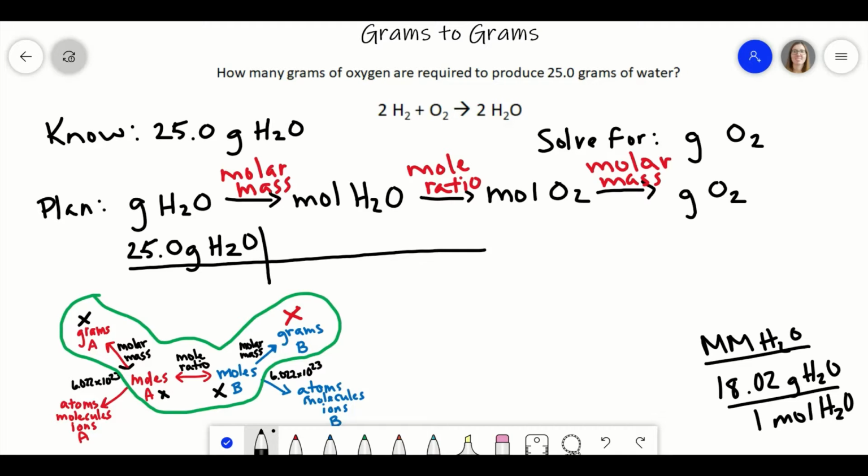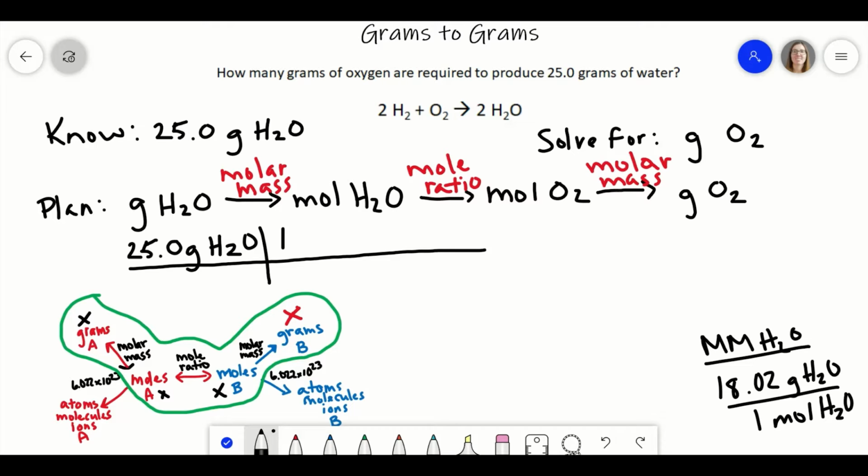Molar mass is a conversion factor. It relates grams and moles. So that's one way I could write it. Or I could flip it over and have units of moles on top and grams on the bottom. And that's actually the form we're going to use here because we want to solve for moles of water and we want to get rid of our unit of grams of water.